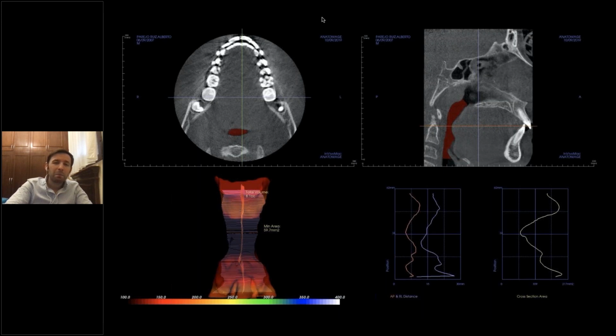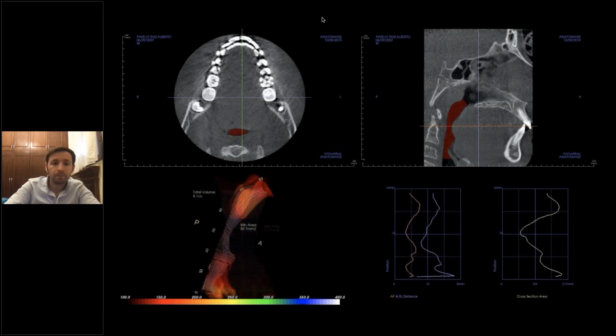It has between moderate and high risk to suffer sleep apnea. So what we need to know is that maybe he needs help. He needs help, but it's not orthodontic help. It's orthopedic help. We need to make the maxilla bigger in this patient, and we need to send the jaw to the front.